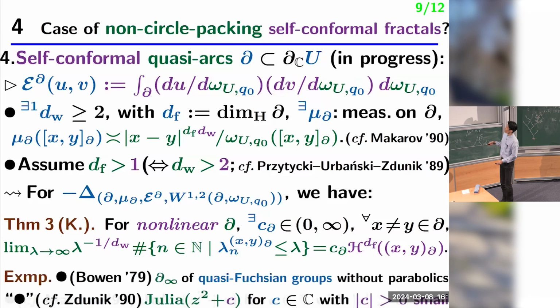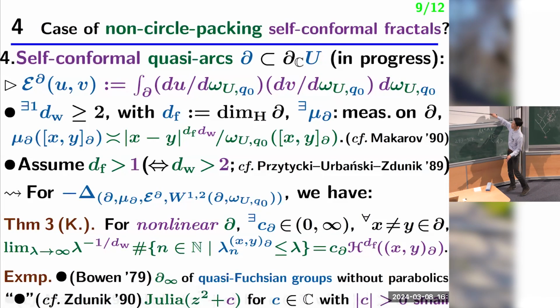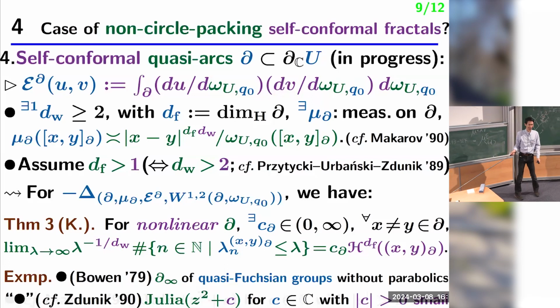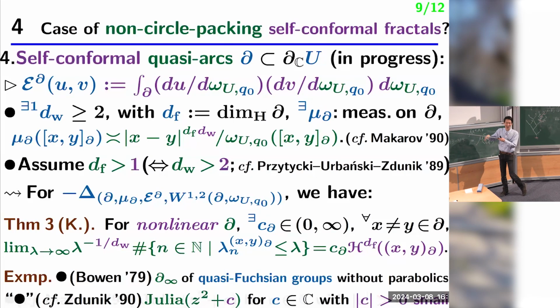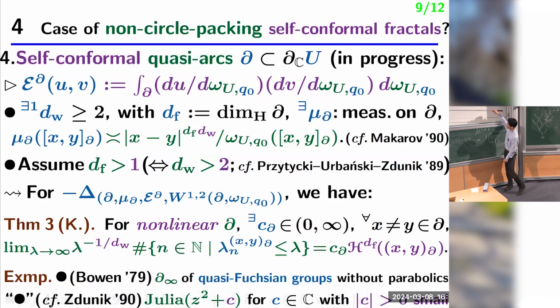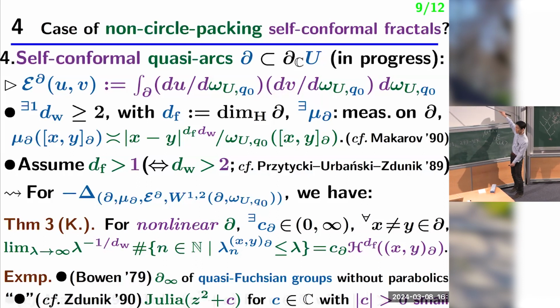Actually, I must say that for these two examples, verifying this nonlinearity condition doesn't seem that trivial, and I must confess that I haven't checked that the nonlinearity is indeed true in these examples. So that's still to be checked. Although for the case of the group of Möbius transformations, this condition shouldn't be that difficult to verify. I think that should be manageable.